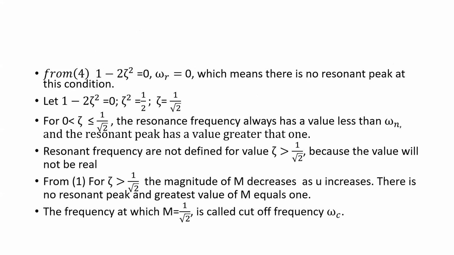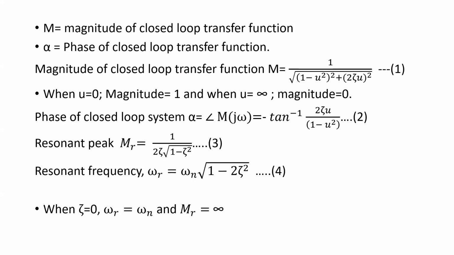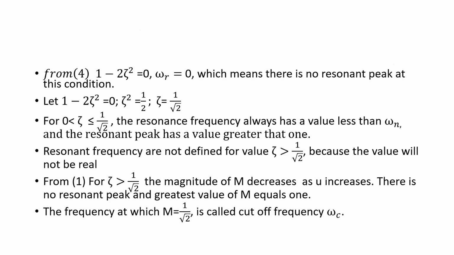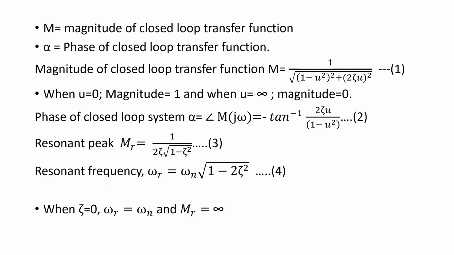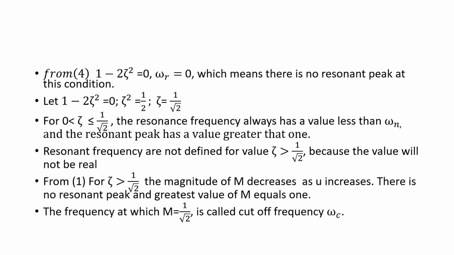Then from equation 4, for the resonant frequency omega r, when the value under the root is 0, omega r will be 0, that is, there will be no resonant frequency. When will that happen? When zeta is 1 by root 2, or 0.707.